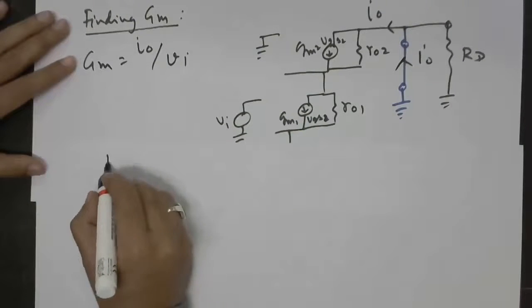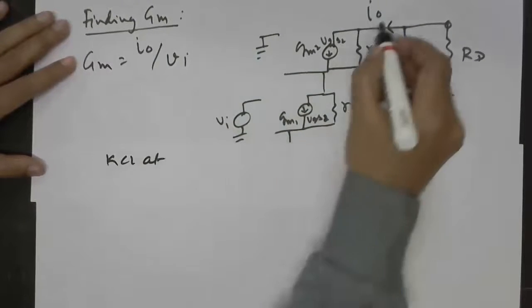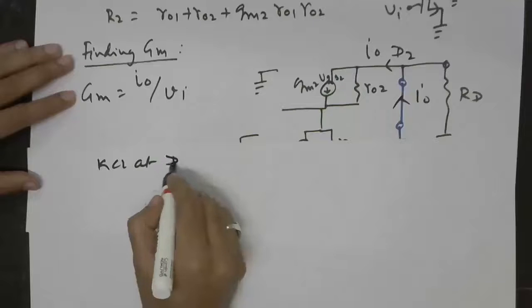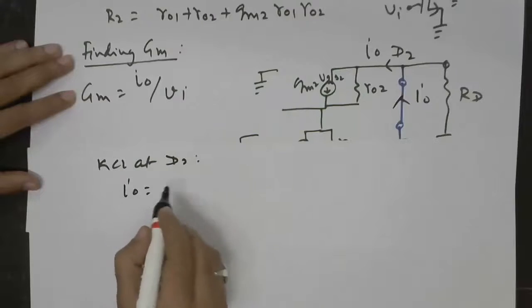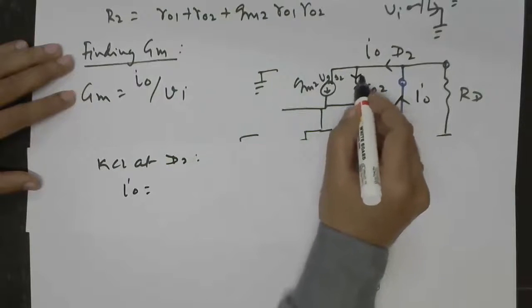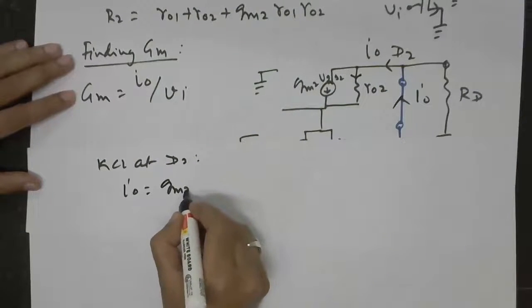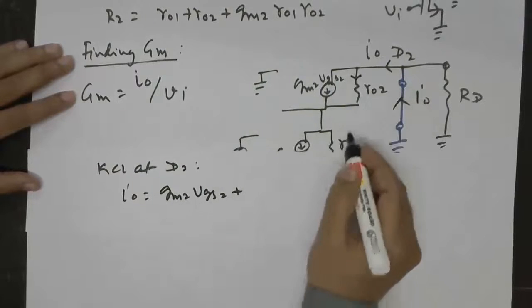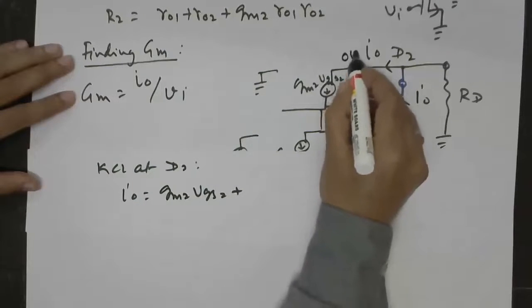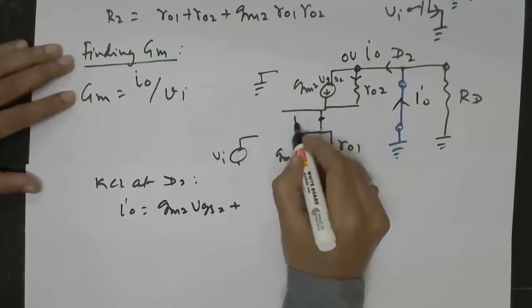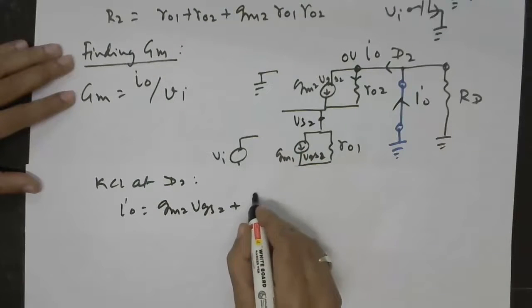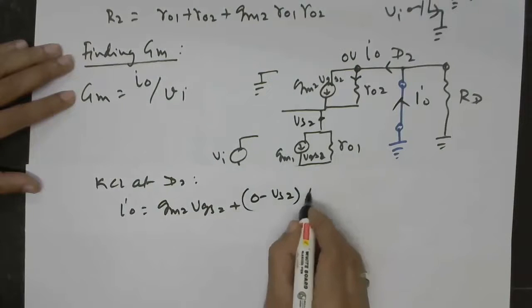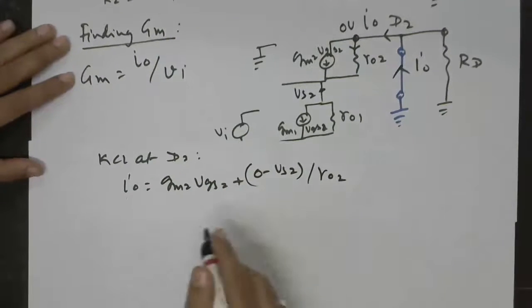KCL at drain 2: IO is equal to this current GM2 VGS2 plus this current, which is going to be, this is 0 volt and this will be say VS2, so 0 minus VS2 divided by R02.